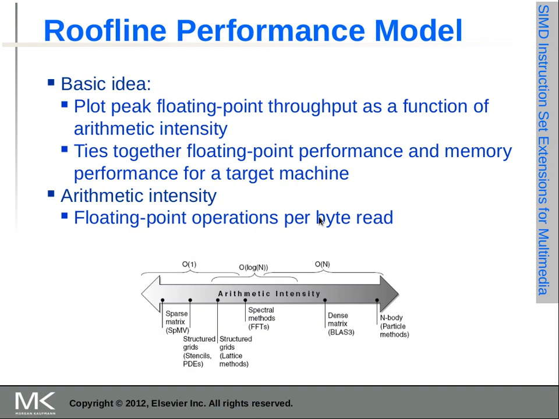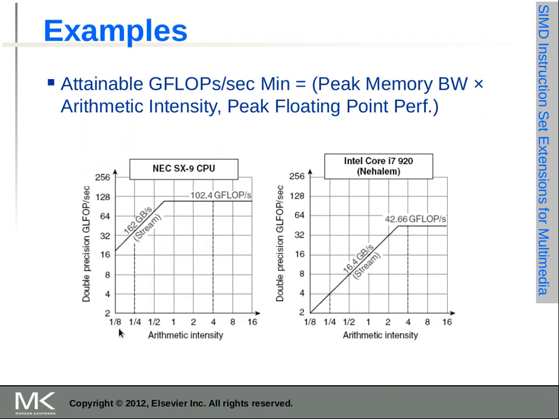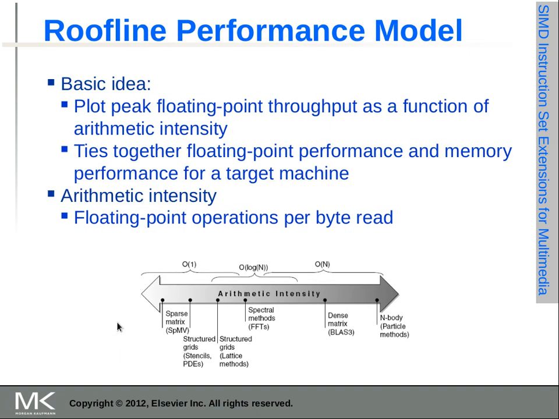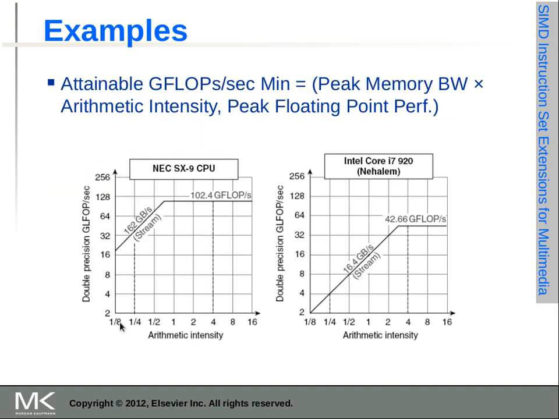So they're doing it per byte read, which is fine. So down here, there is one floating point instruction for every 8 bytes read. Is that what it's saying? Yeah. And then right here we have one floating point instruction for every 1 byte read. Over here we have 16 floating point instructions for every 1 byte read.